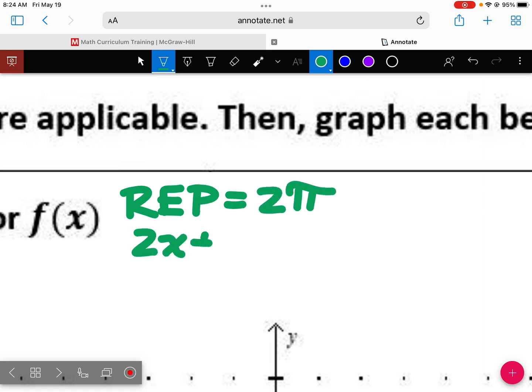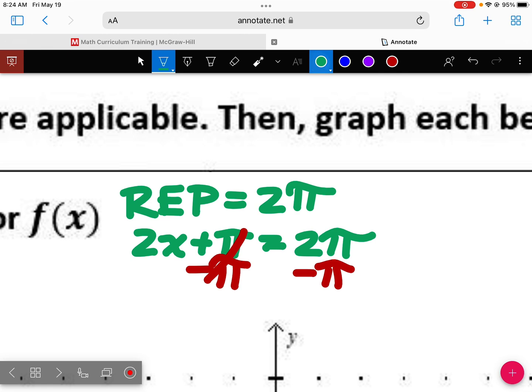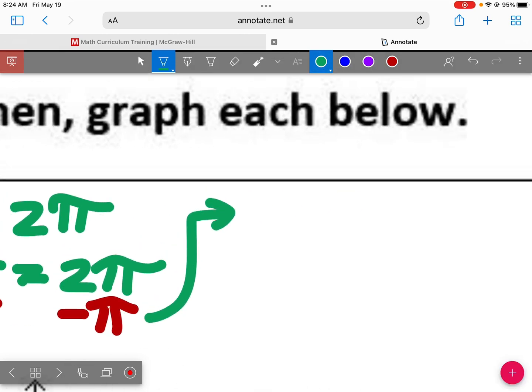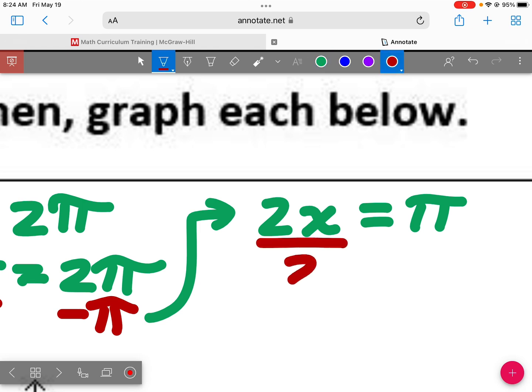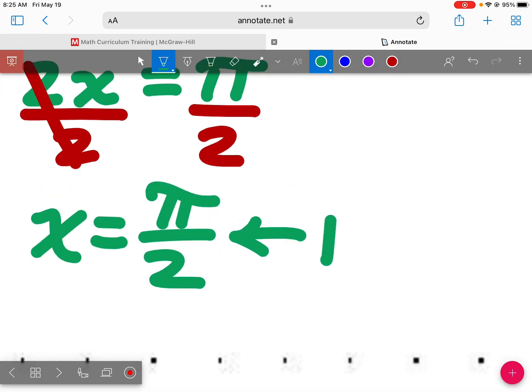So 2x plus pi equals 2 pi. I'm going to minus pi from both sides. So 2x equals pi. Divide both sides by 2. X equals pi over 2 is my right endpoint.